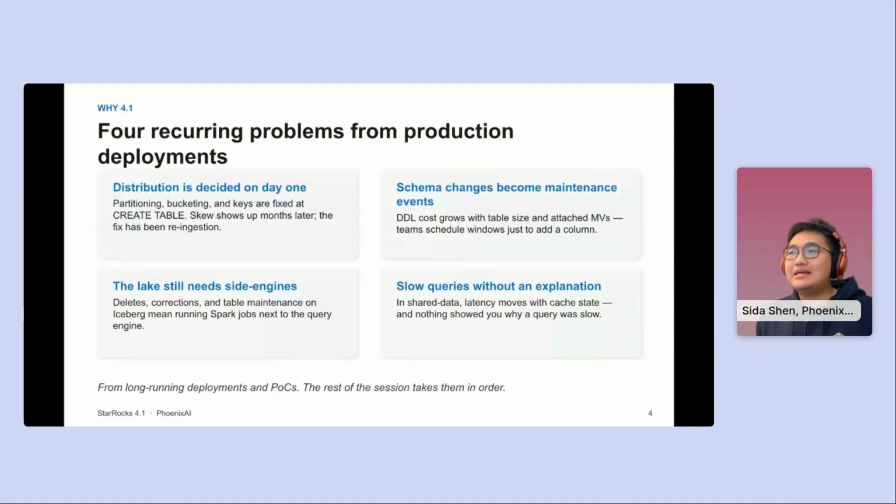Because PhoenixAI and StarRocks by default run on object storage, whether it's an Iceberg table that sits in S3 or our internal table that does the real-time stuff, everything runs on object storage, and cache is everything. So observability into how cache is performing was not really clear. And now in this version, we look to fix that too.